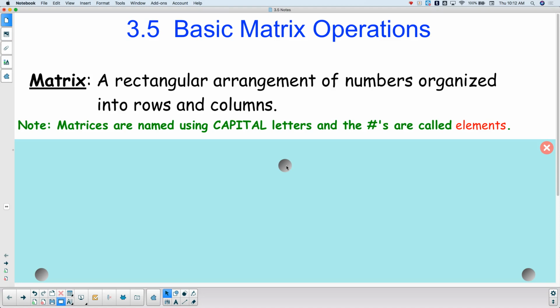Uppercase letters are names of matrices. And another side note, the individual numbers that make up a matrix, those individual terms, are called elements. So a matrix is made up of individual elements.